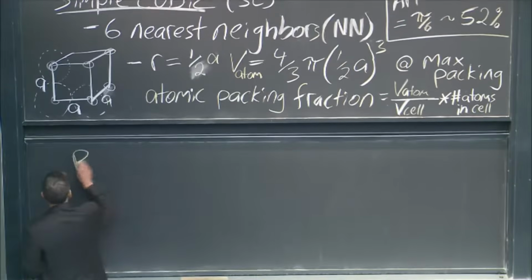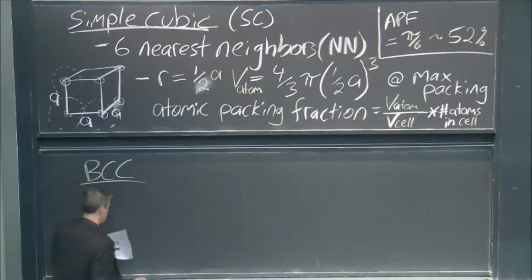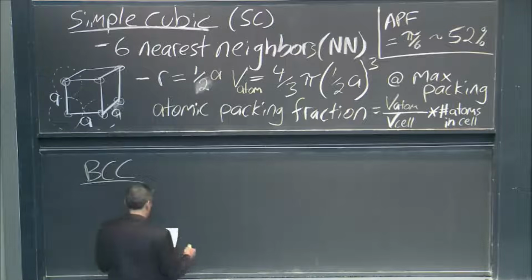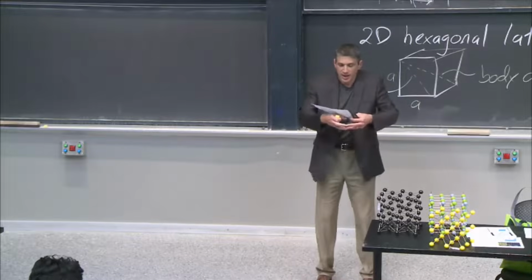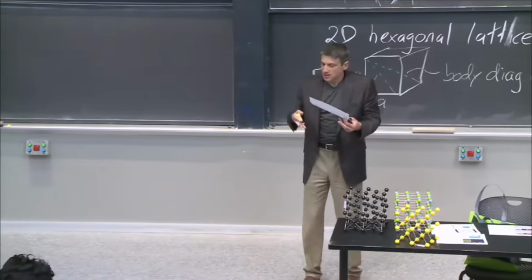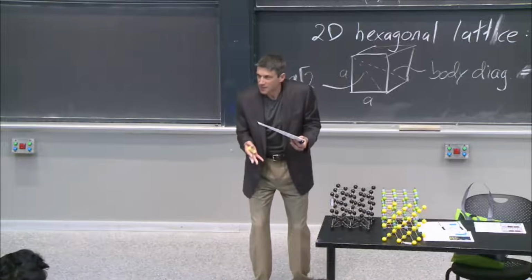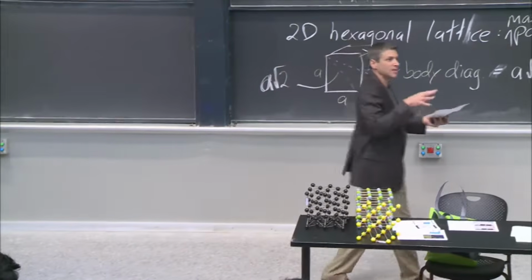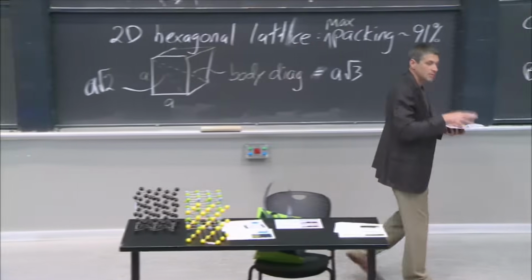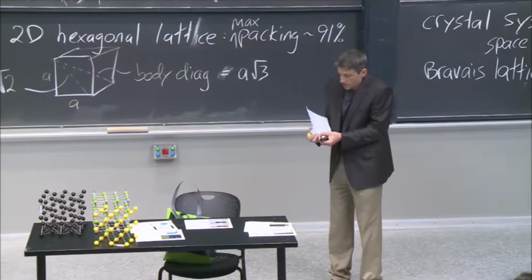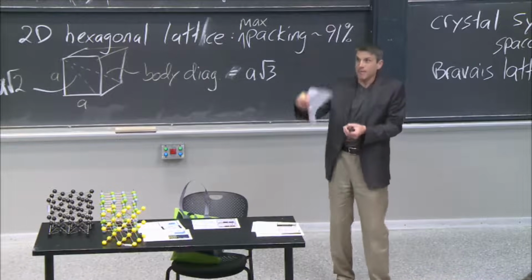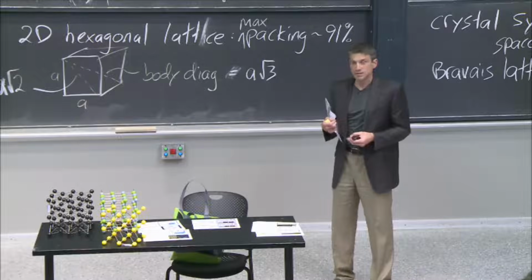Okay, so if it's BCC, body-centered cubic, well now, if I take these atoms at these corners, there's a lattice that takes me to the middle. Remember, my lattice is giving me this symmetry. So it means whatever I put here, I put at all the corners and I put in the middle. That's BCC.